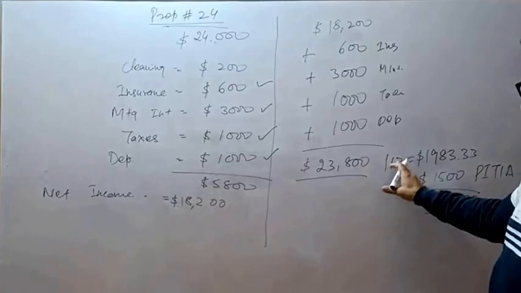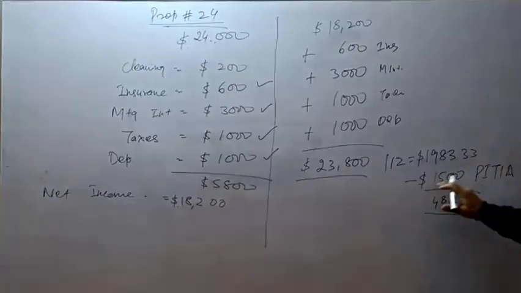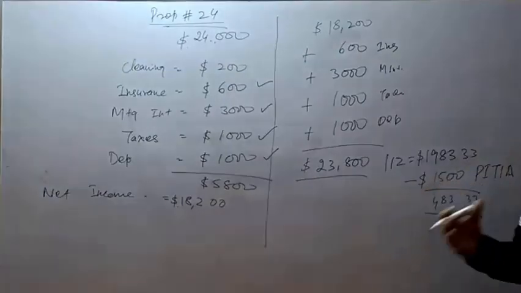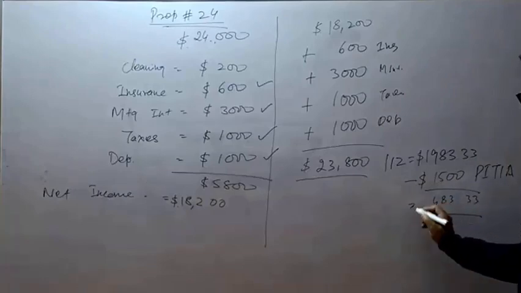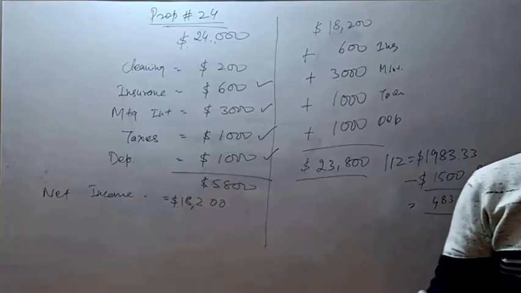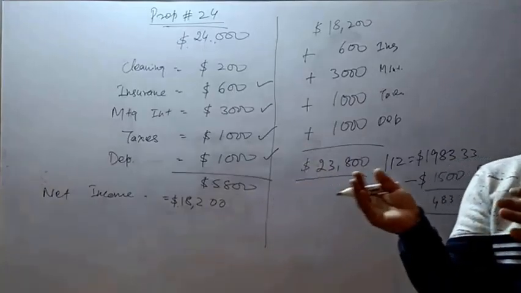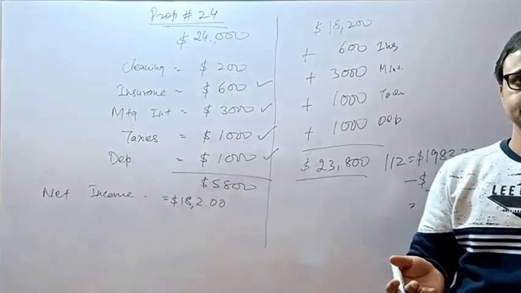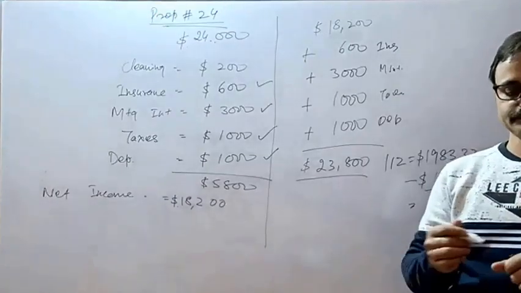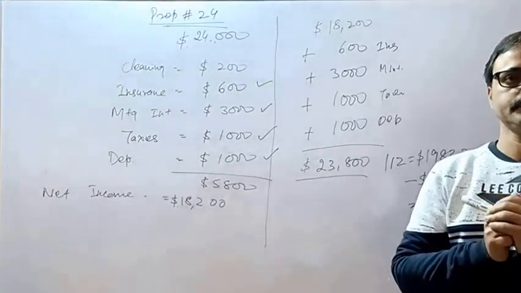After whatever the net amount comes, just deduct the current year PITI. If it is positive, it is a positive cash flow, and it will go to our income section. It will always become income for the borrower.